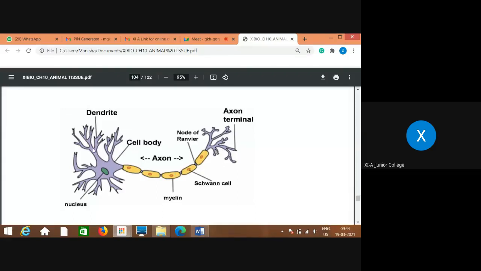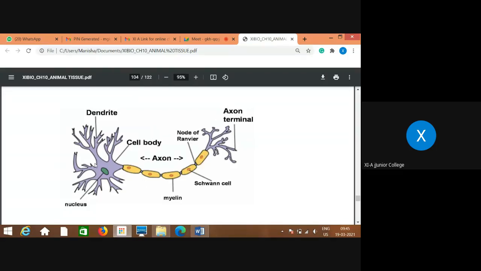This cyton, that is the cell body, is made up of branch structures called dendrons. Each branch shows again smaller branches called dendrites, and the axon. So the entire neuron is made up of cyton and axon. Cyton shows the branches called dendrons, and the axon is the long, singular, unbranched structure.